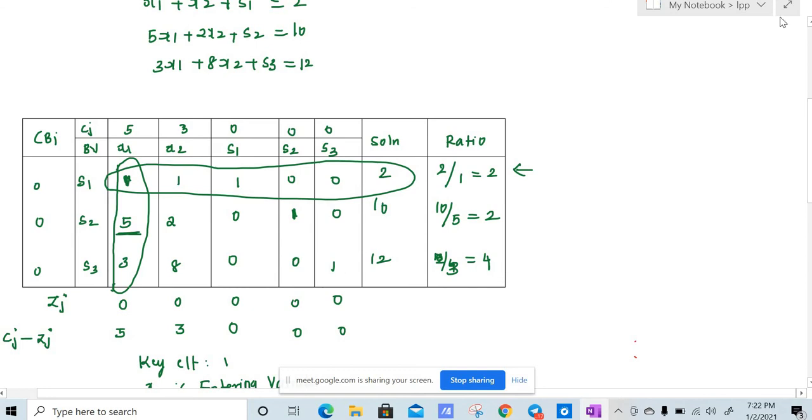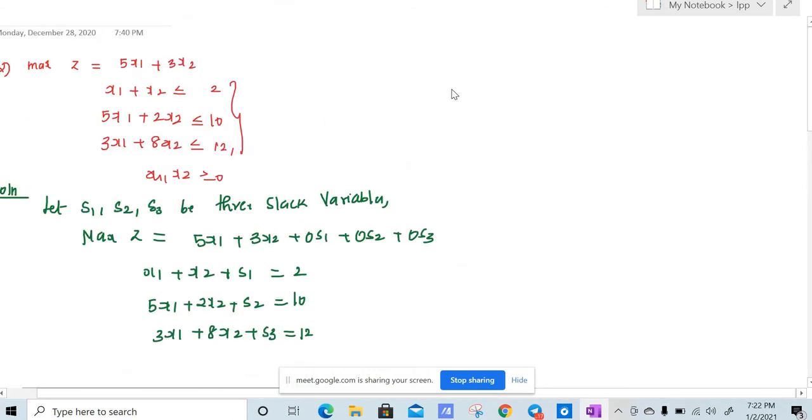Now we're going to do a minimization problem using the simplex method.